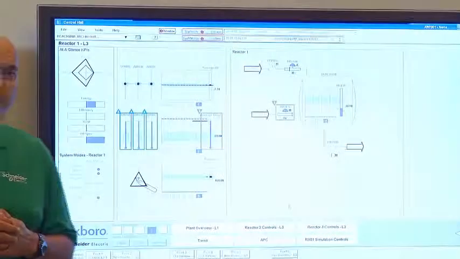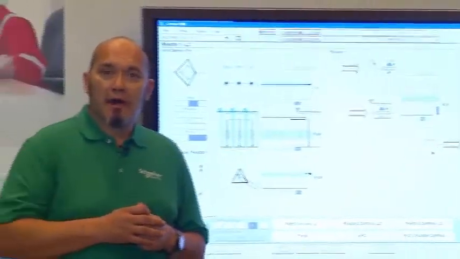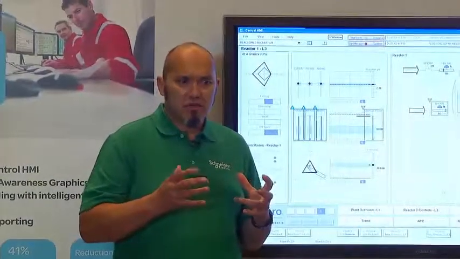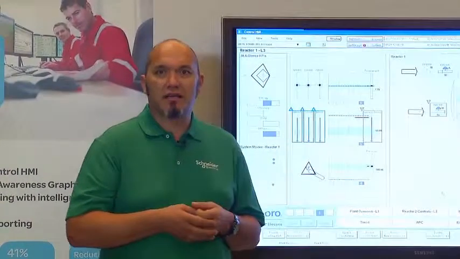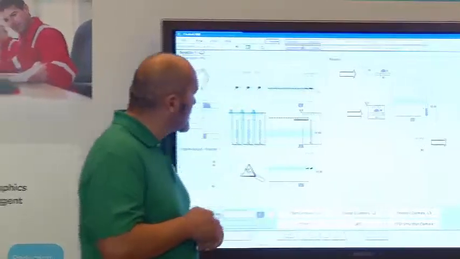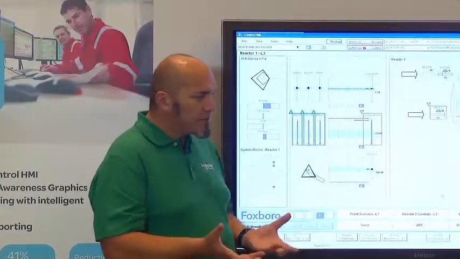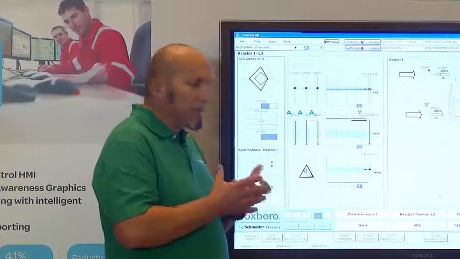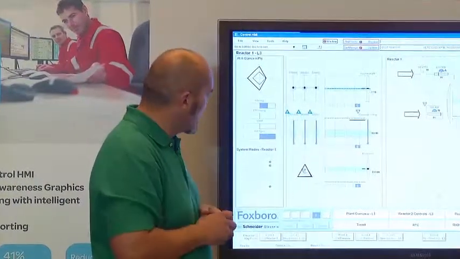Marcel had spoken earlier about overview displays. We're very accustomed to creating an HMI experience built around P&ID diagrams and other things. But what happens when we get to the level 1 displays, which is the overview?